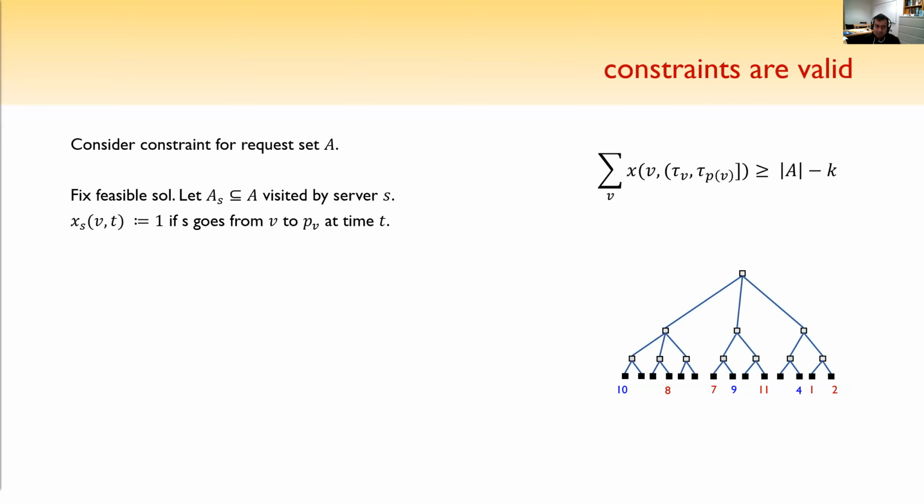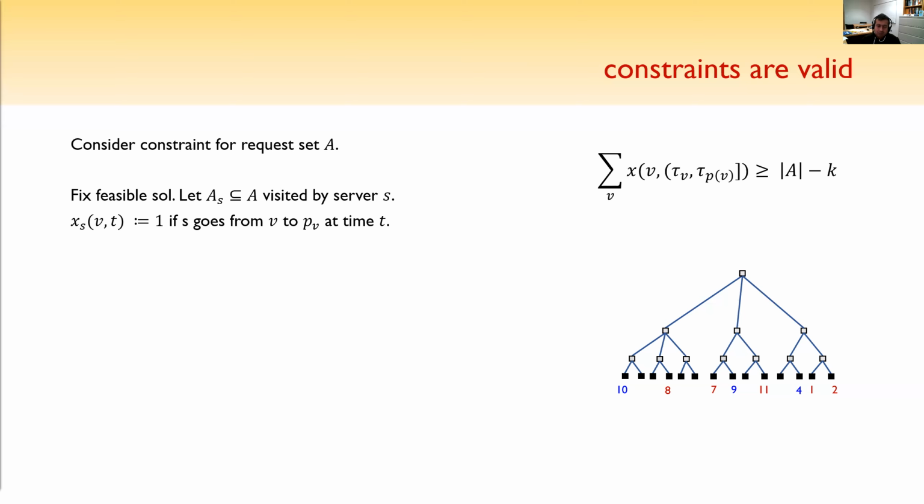In particular, let A sub S be the subset of requests in A that are served by a fixed server S. Now, let's imagine a variable x s v of t to be 1 if the server S goes from v to p sub v at time t. Okay, so clearly this is something that the algorithm can pay for, because these variables x are exactly indicative of the feasible solution moving a server on the corresponding edge.